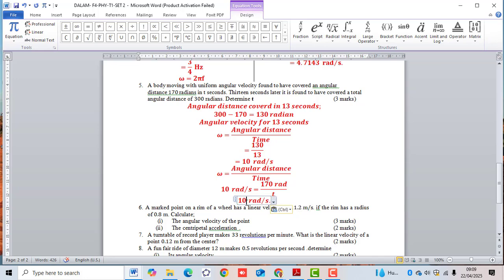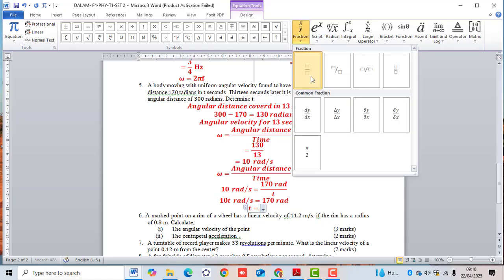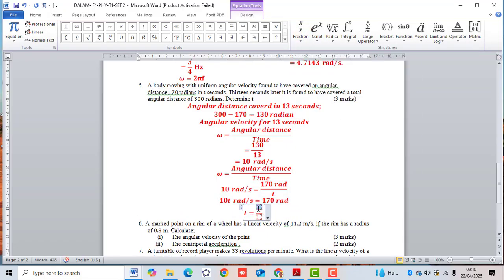The 10t is equal to 170 rad, like this. Now, if I want to remain there with t alone, t as the subject of the formula, I need to remove the 10 rad per second, so that I have 170 rad, then divide by 10 rad per second.